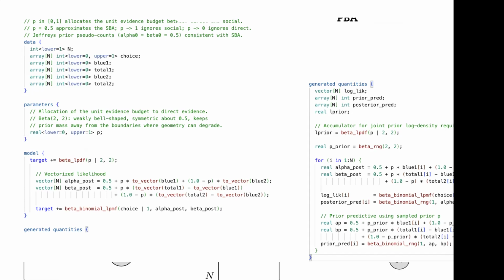And the same for the posterior of beta, where P is used to weight the amount of red marbles, totals minus blue, in the first source, and 1 minus P is used to weight the number of red marbles in the second source. Why do you vectorize?